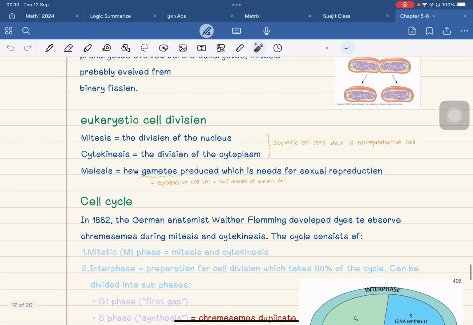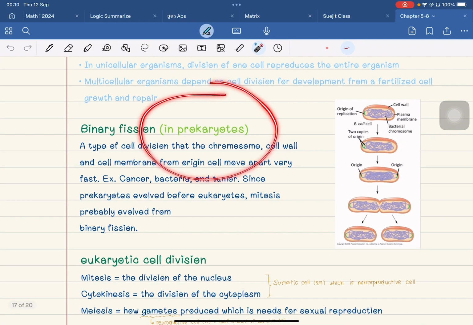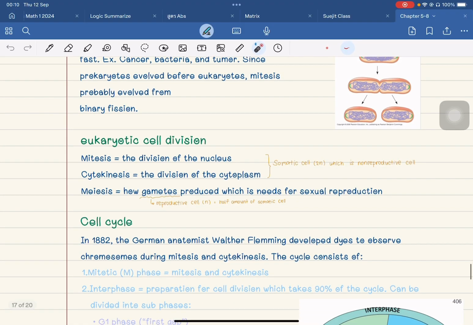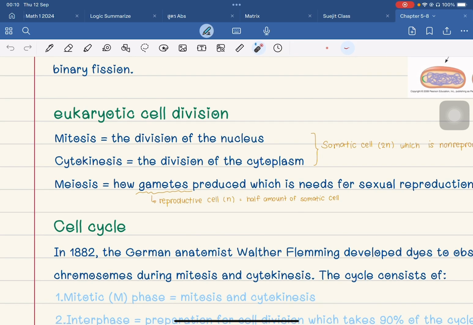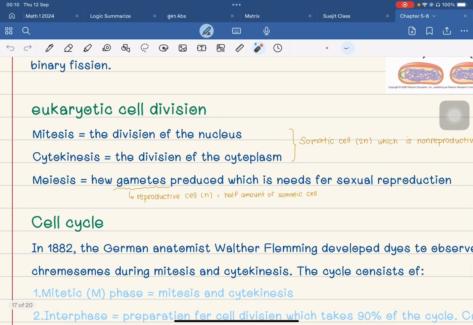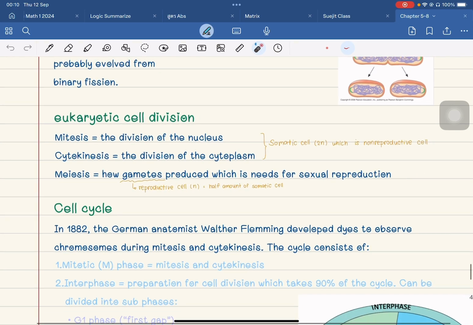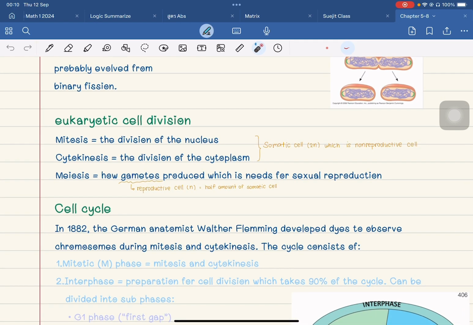Next, after learning about prokaryote cell division, the next one is eukaryote cell division. We have mitosis, which is the division of the nucleus, and then cytokinesis, which is the division of the cytoplasm.